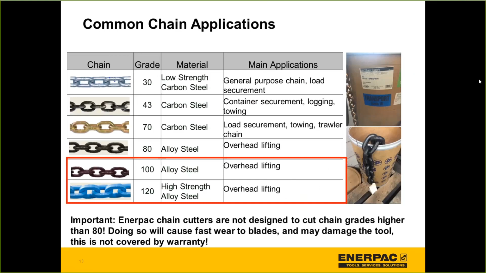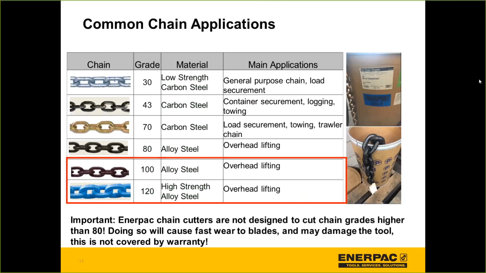Very commonly used solutions. The grade 80 chain is used specifically for overhead lifting. All of these chains, grade 30, 43, 70, and 80, are great options for customers who need to use this chain. Our tool is a perfect solution for cutting those chains.